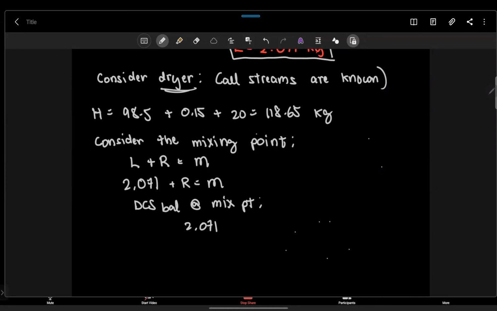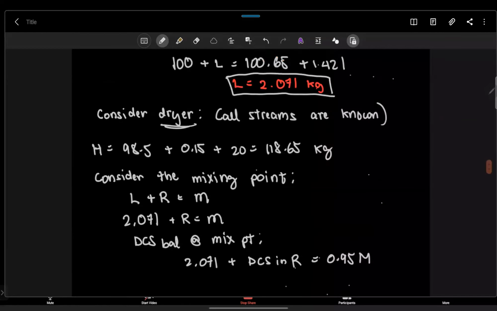Kasi 100% ng L DCS naman yan plus DCS in R. This is a recycle stream, which we don't know yet. Equals, sa mixing point, alam natin kung gaano kadaming or percentage or composition ng DCS doon sa mixing point. That's 95%, di ba? 0.95 of M.